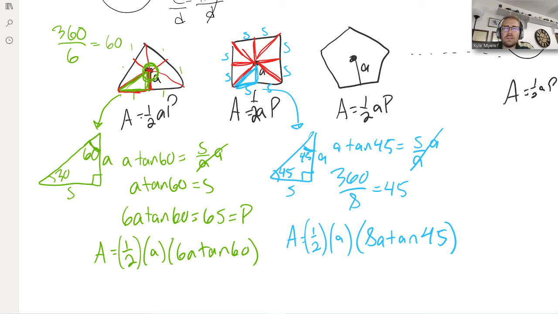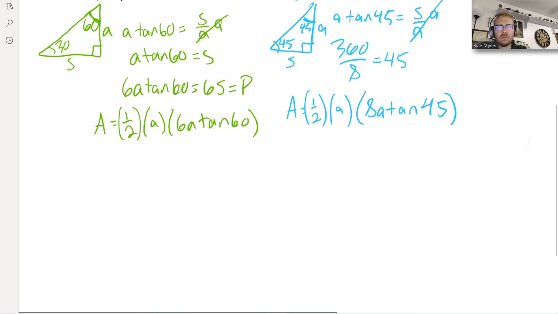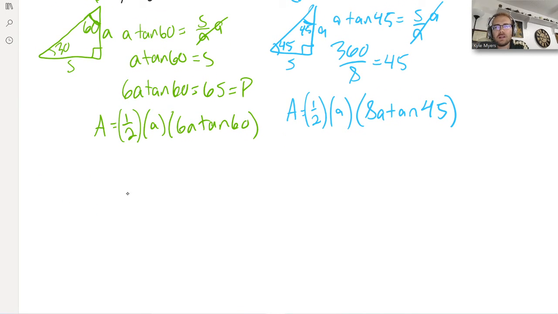So what we can do is look at the pattern and figure out what it would be. I know that the area is always going to be 1/2, and then there's always going to be that A. But then the next number is either a 6 or an 8. It was 6 because it was a triangle, 8 because it was a square. So it's always going to be twice the number of sides.